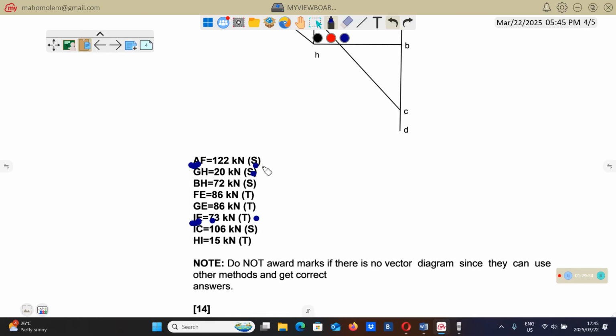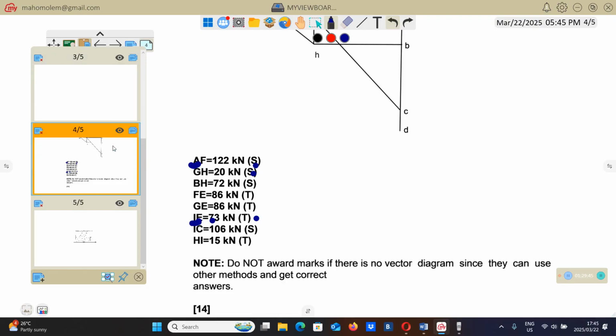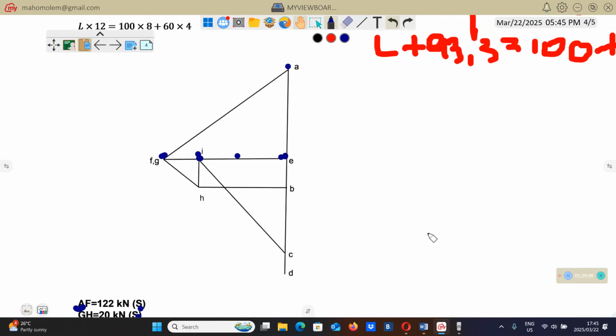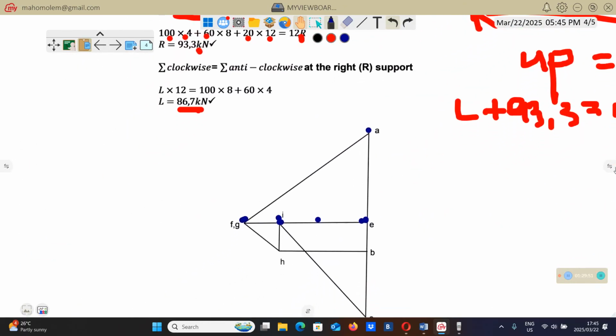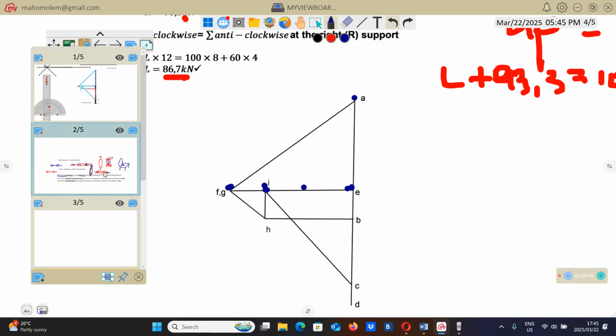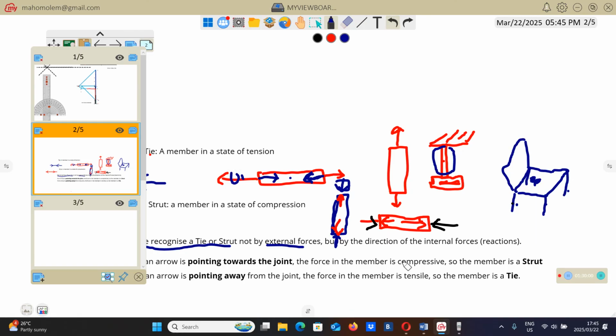A strut is a member under compression, or any member in a state of compression is a strut. So as I've started with these things, yeah, these ones now.